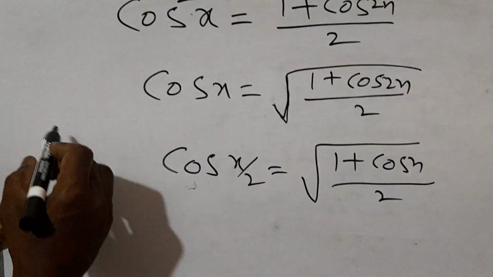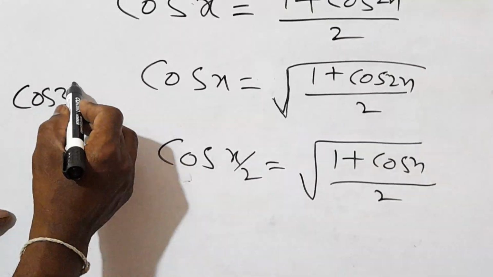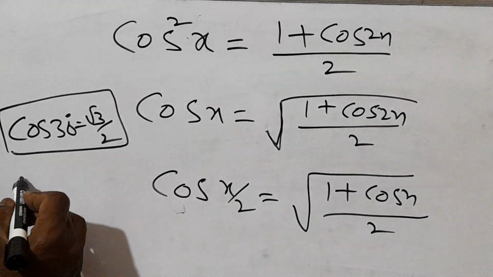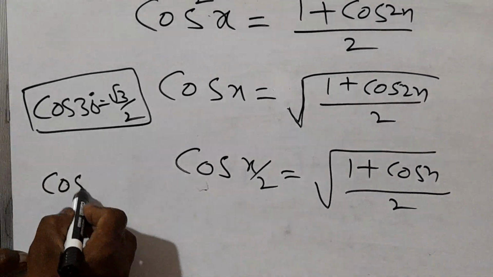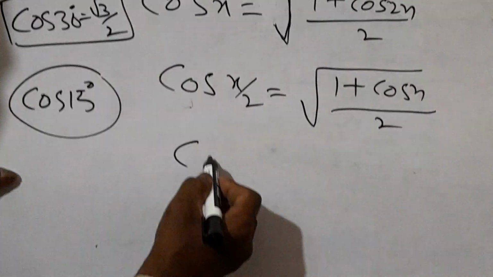When is it helpful? Suppose we know the cos 30 value, which is root 3 by 2. But whenever it is required to find cos 15, we can apply this formula. So how?